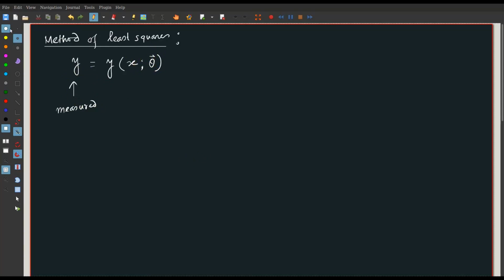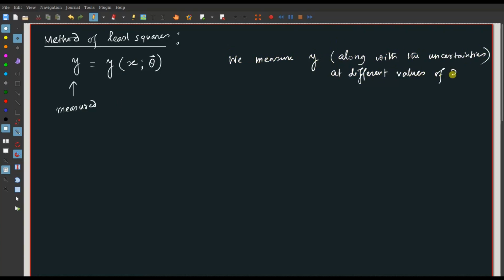Okay, so we measured y along with the uncertainties at different values of x.